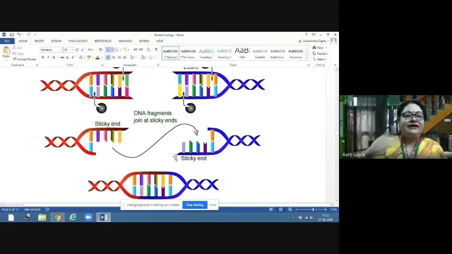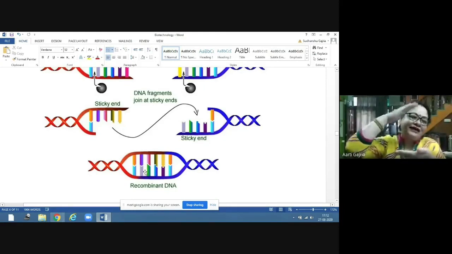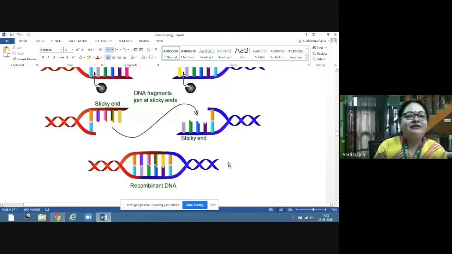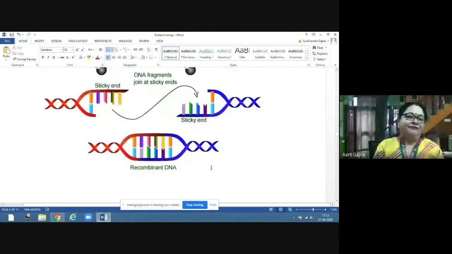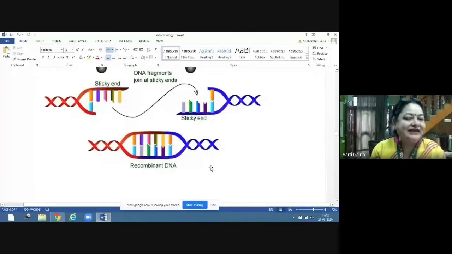And these sticky ends will be joined by DNA ligase enzyme. Formation of hydrogen bonds will take place and ligase will join them, and this is called recombinant DNA. So this is how recombinant DNA is constructed for biotechnology, for incorporating the desired gene in the host organism.